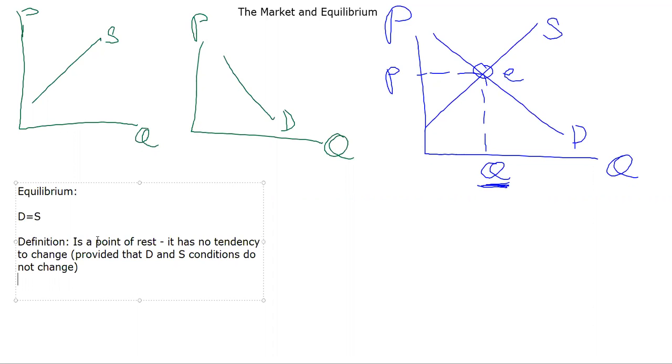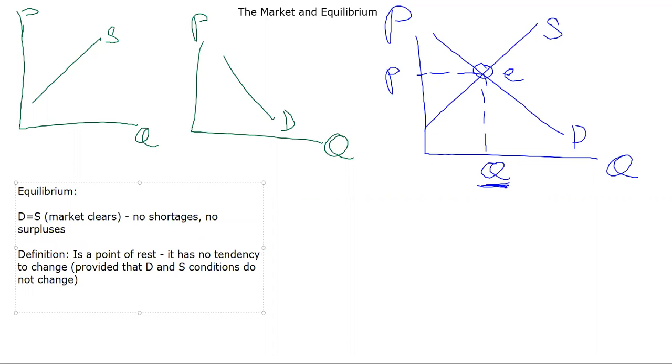And because demand is equal to supply at this particular point, this is the point where the market clears, which basically means there are no shortages, no surpluses, because the quantity demanded is equal to the quantity supplied. So that was the basic idea of the market, and where you're going to operate.